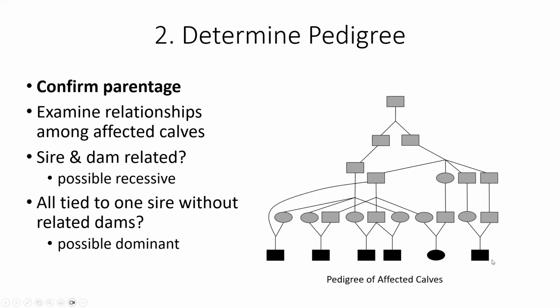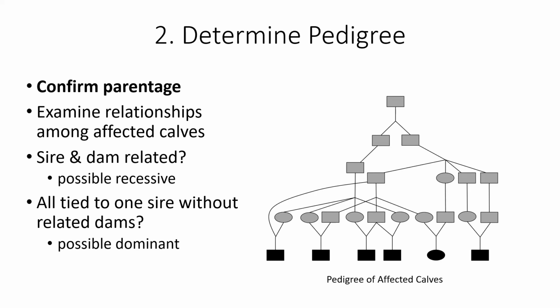If this wasn't this clear, we'd be asking ourselves, is there one bull that was the sire of all these calves? That could denote a dominant trait, and I'll give you an example of a dominant trait at the end here. So we look for patterns. We don't have to have a perfect idea of how we expect this to be inherited to do the genetics, but it definitely helps us. We have an idea of what pattern we should expect in the DNA.